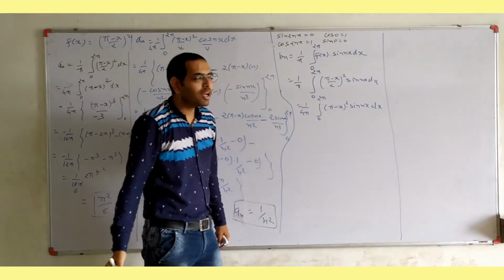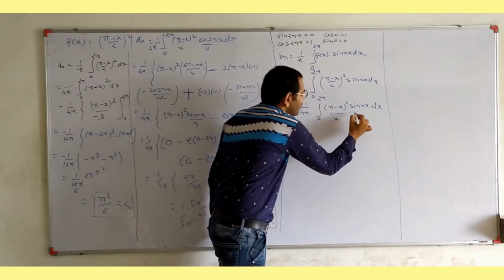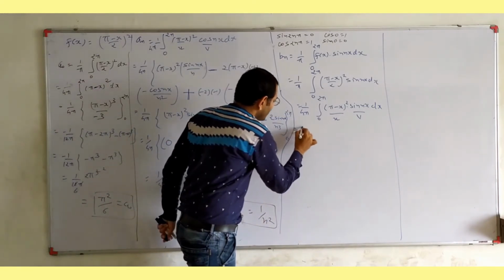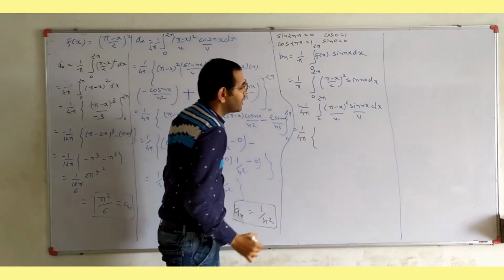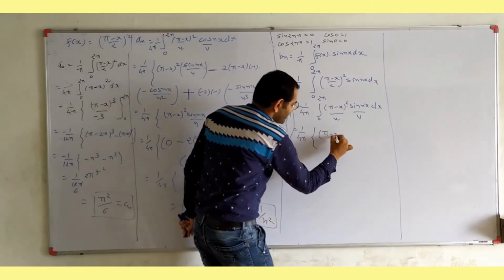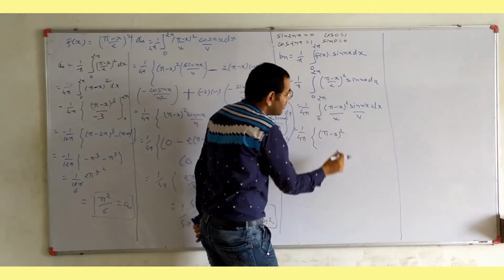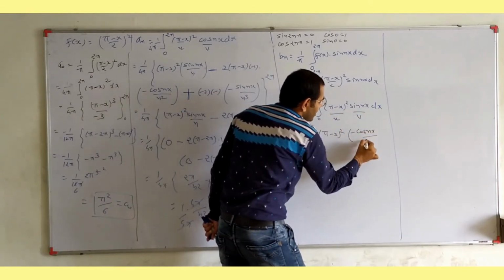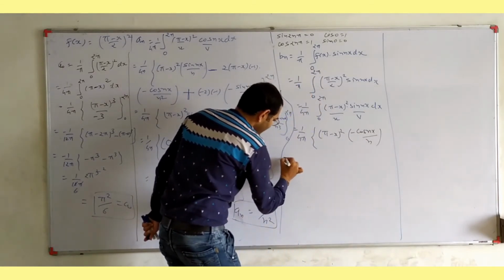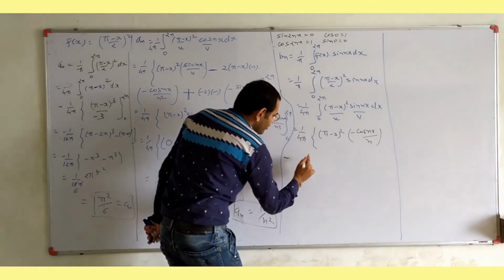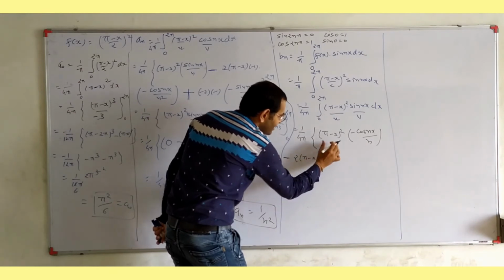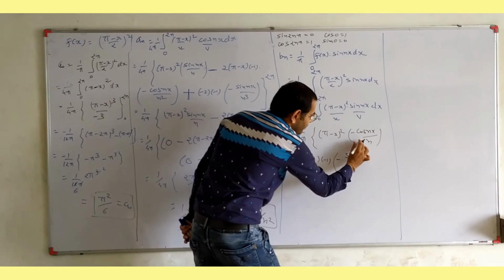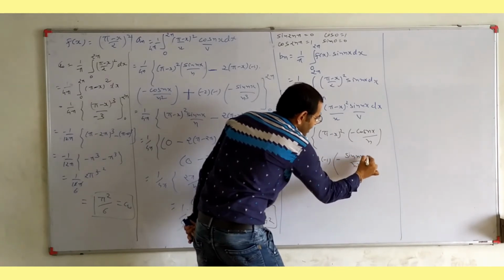According to the ILATE rule, that is our u and that is our v. Then 1 upon 4 pi, u as it is, derivative of u as it is, integral of v means minus cos nx upon n. Minus, that is the sign of the formula, derivative of u, that is 2 pi minus x into minus 1, integral of this term, then sin nx by n square.